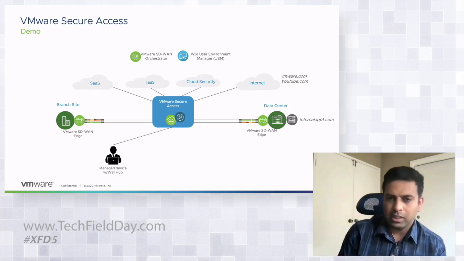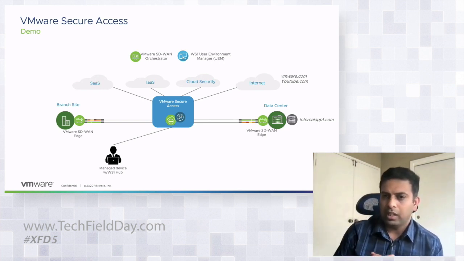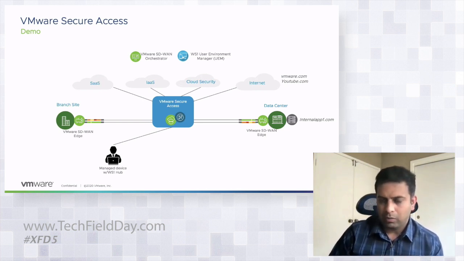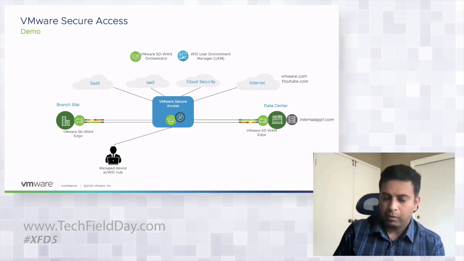So in the VMware Secure Access POP, there is the gateway, and then it connects to the data center on the right side. So when there is traffic which is destined to the internal data center, right, it is actually sent to the SD-WAN component sitting next to it, we call it the tunnel server, which terminates the client TLS connection.